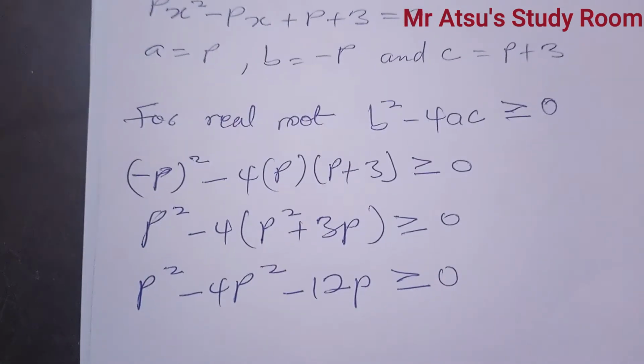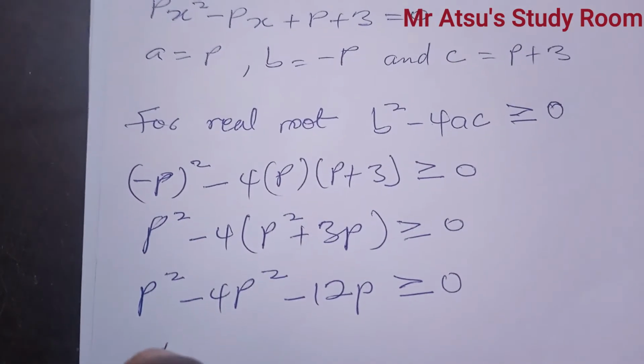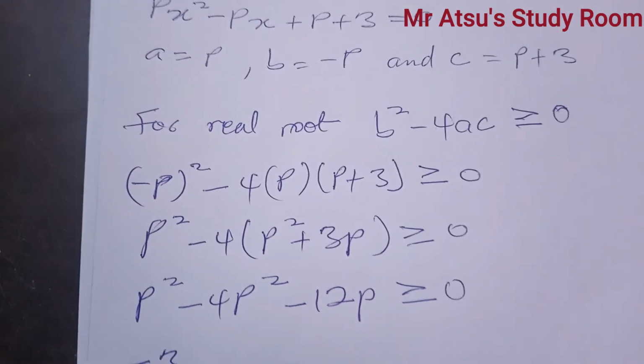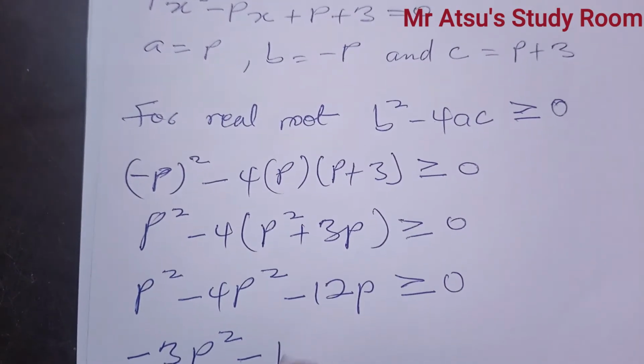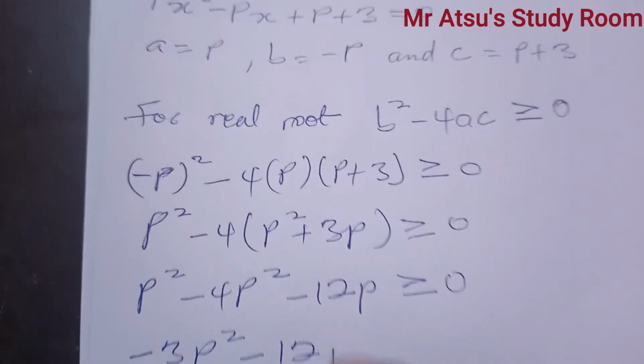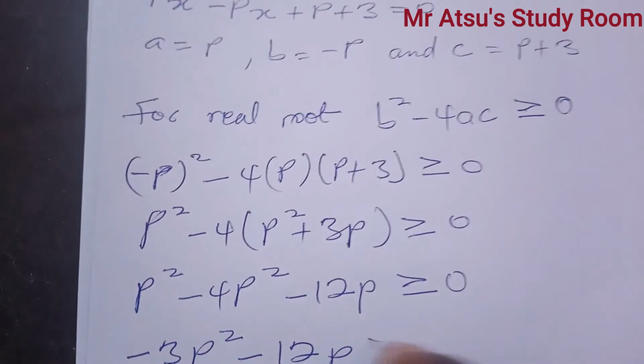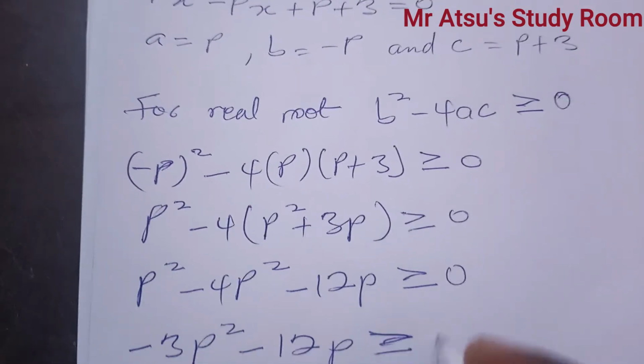Simplifying further, we'll have negative 3P squared minus 12P greater or equal to 0.